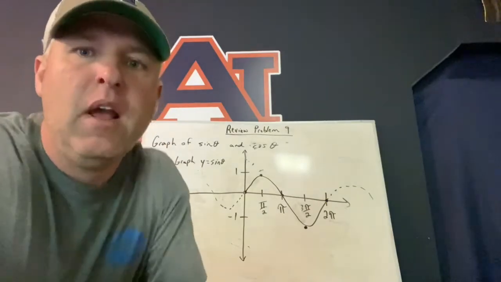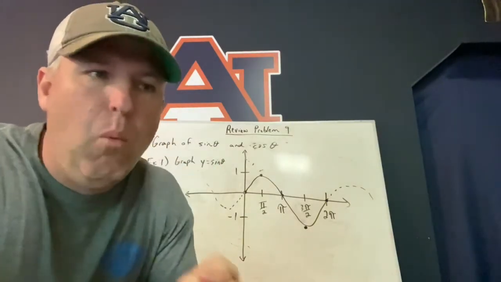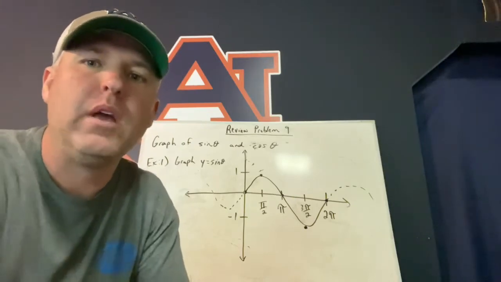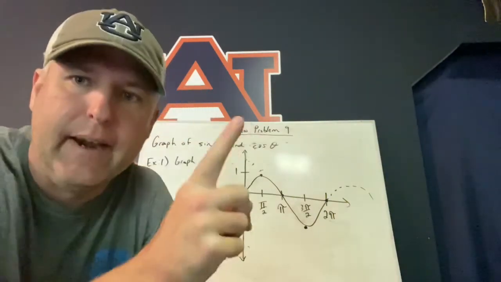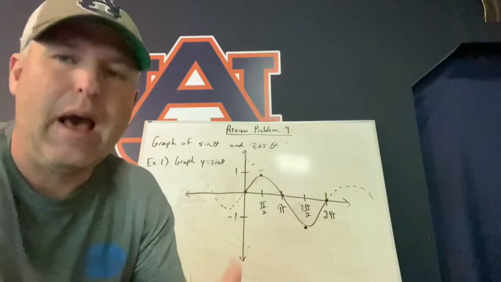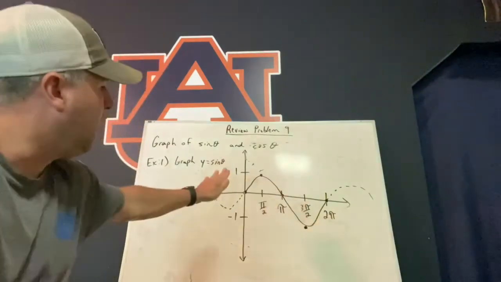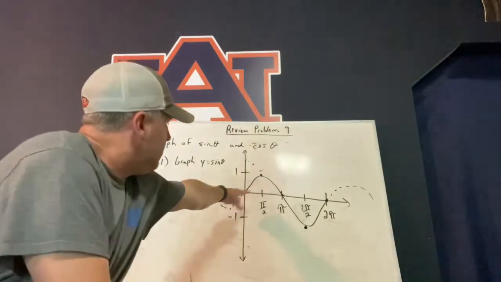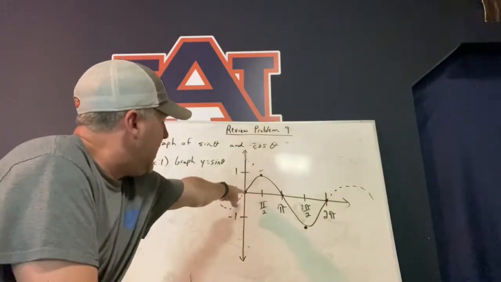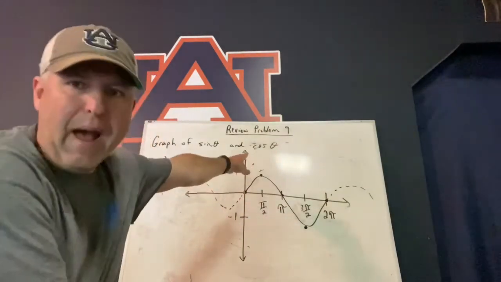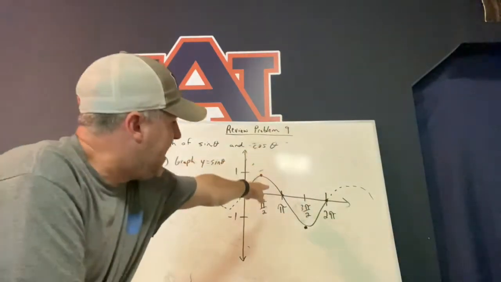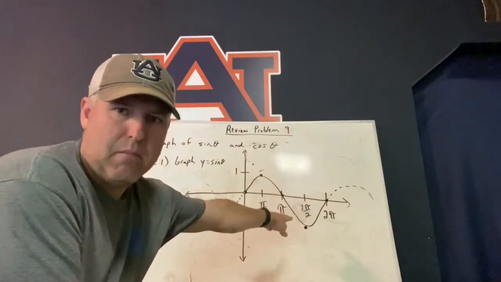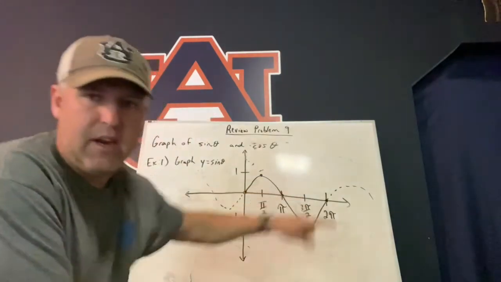Now, why we focus on that one portion is because that is what we call one cycle or one period, okay? What I mean by that is, that's where it started. See, it started at 0, right there, and then it goes up to a max, back down to an intercept, down to a minimum, back up to an intercept.